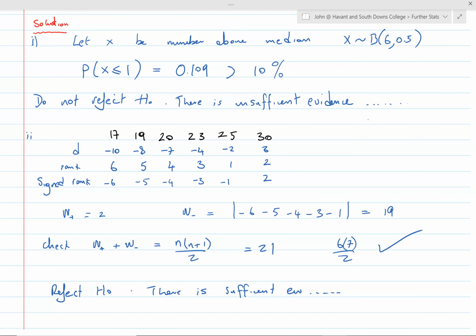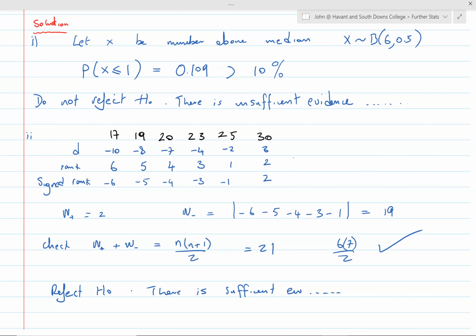Whereas with this test, obviously, if the number was 108, for example, then that's a long way from the median, which would affect our rankings quite considerably. And this number, which we had as 2, would have actually ended up at 6, which would have failed the test.